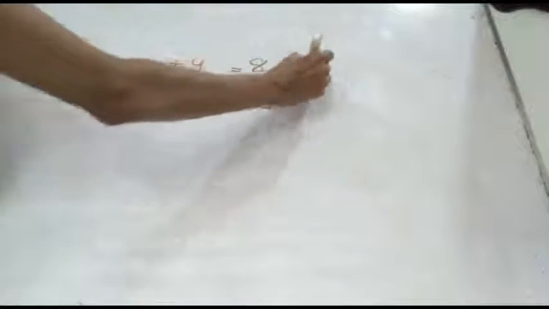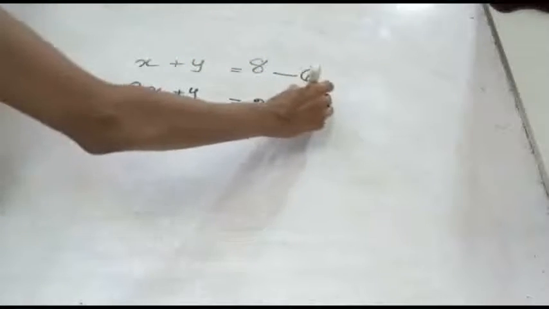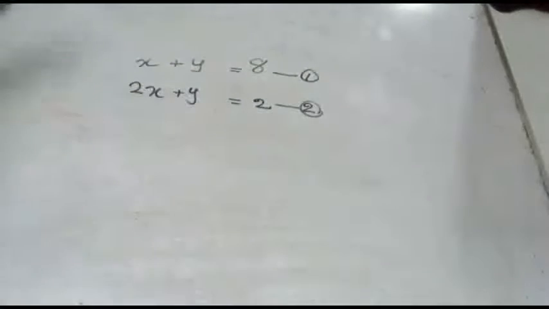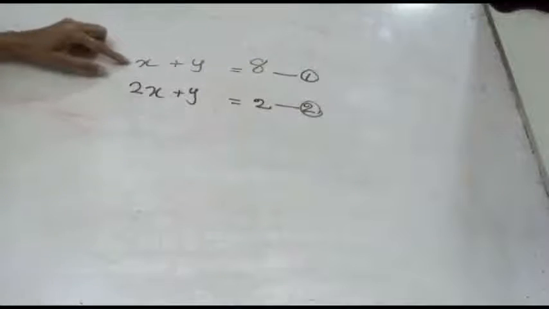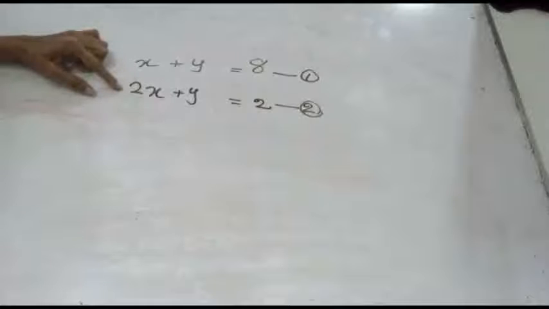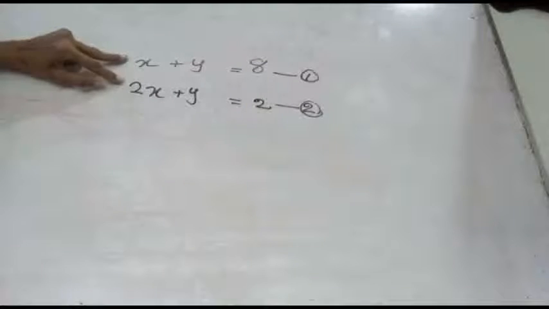We name these equations 1 and 2. The coefficient of x is here 1 and here 2. We can't cancel x and 2x by adding or subtracting.